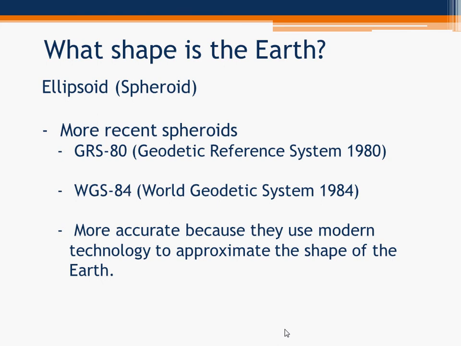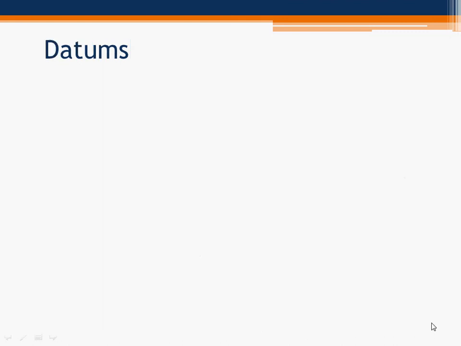The field of geodesy really is focused on measuring the shape and size of the Earth to extremely accurate measurements. So we use WGS 1984 typically, and as time goes on, tectonic shifts occur, gravitational fields change, the Earth is going to change, and of course more updated spheroids are going to become available to be used for our GIS data. And so we'll see this referred to as we continue on our discussion.